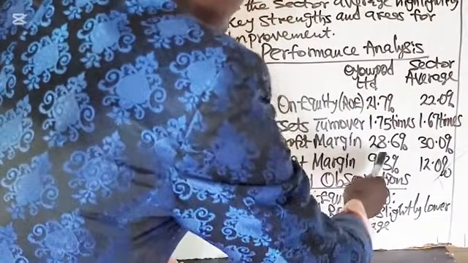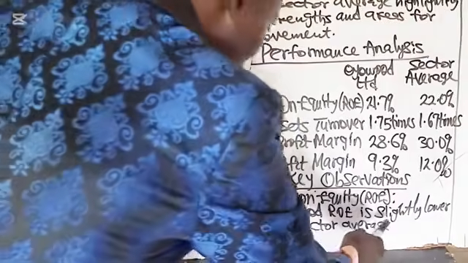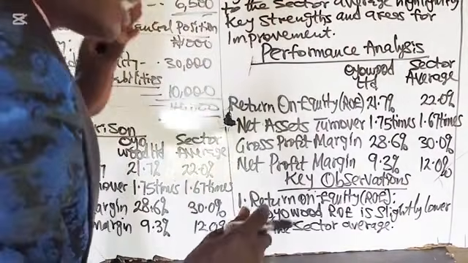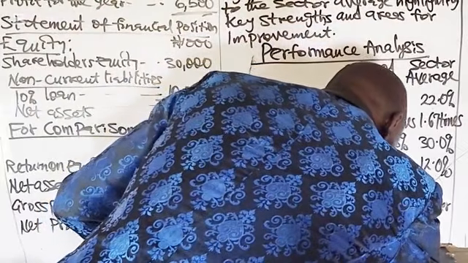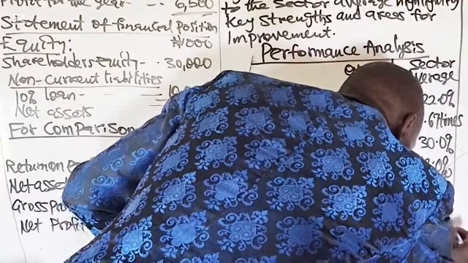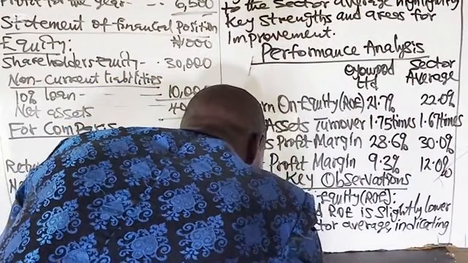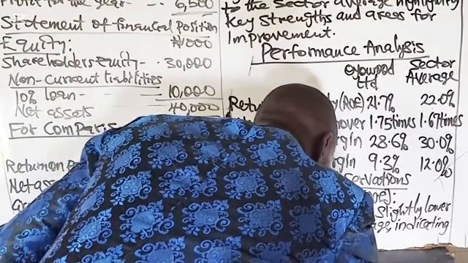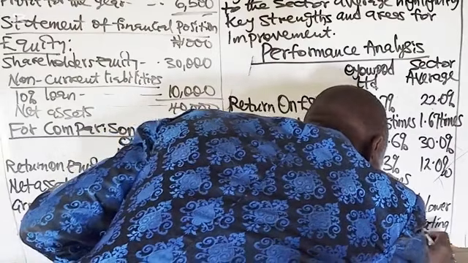Oyo Wood ROE of 21.7% is slightly lower than sector average of 22.0%, indicating a marginally lower return for shareholders. That is what it means.